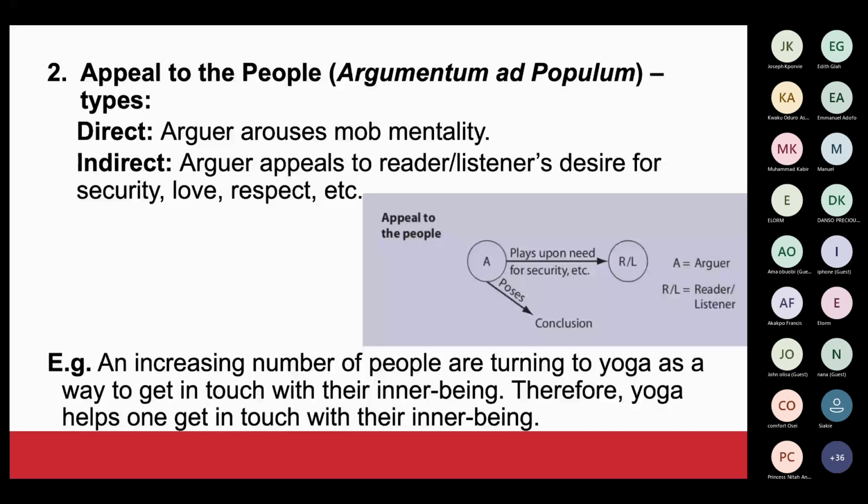Then we have the indirect. The indirect elicits the desire of the reader, the security of the reader, the love of the reader, the respect of the reader. For instance, you may want to elicit the listener's desire for drink, or for any kind of social life that you think is contradictory to normal living.